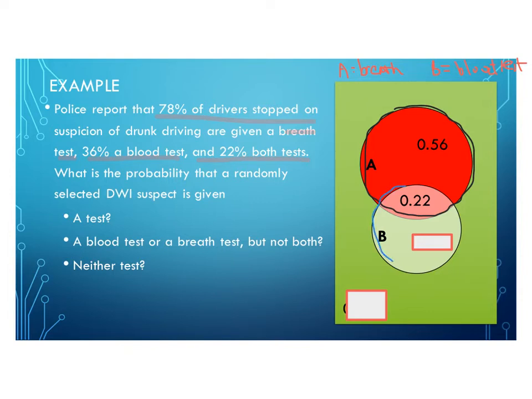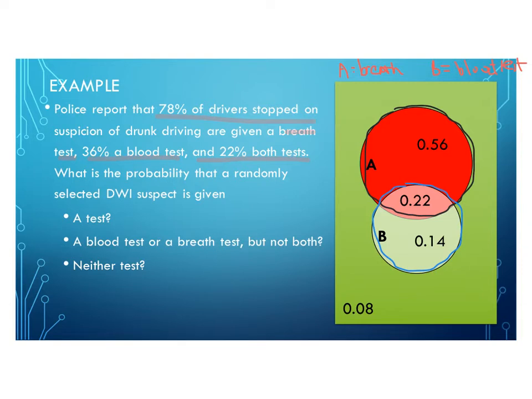If I know blood test is all of circle B and 22% is already represented, we just take our 36 minus 22. And to find whatever's left over, if you take 56 plus 22 plus 14 and subtract it from 100%, it does give you that 8%.